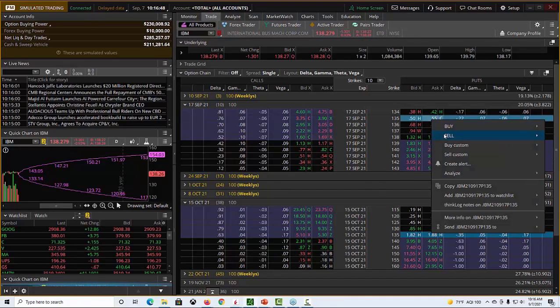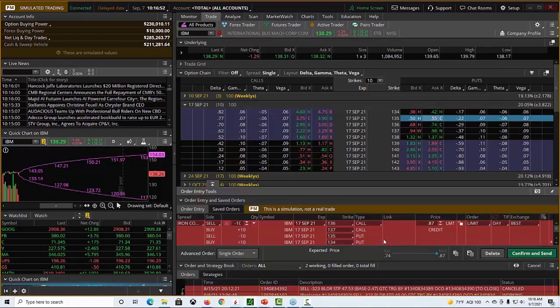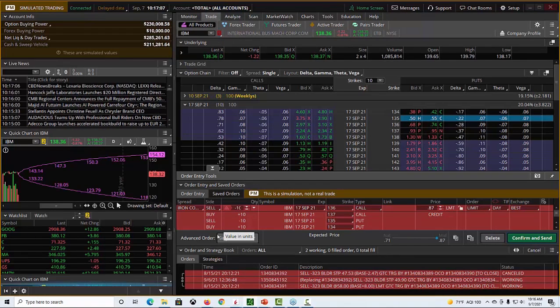So let's go ahead. Now this can get a little tricky. I'm not sure how they call this. Do they call it sell a condor? So they do. See how I right-clicked and we sold a condor and it builds it correctly? That's a little tricky because that doesn't fit the actual true option lingo.